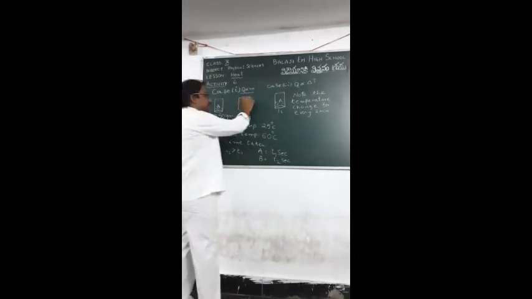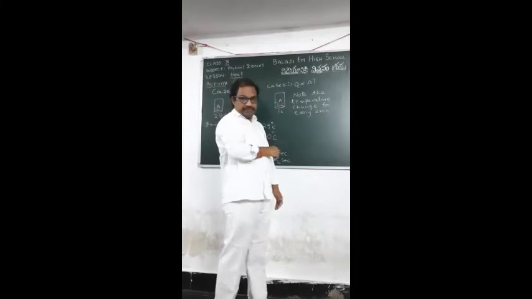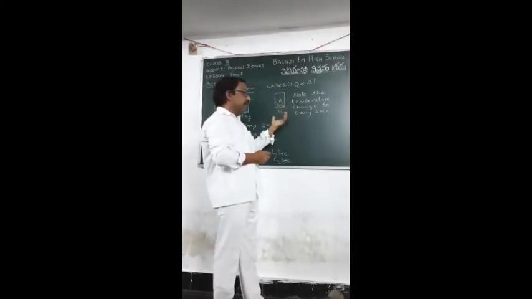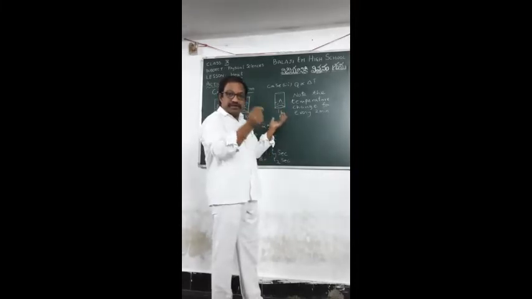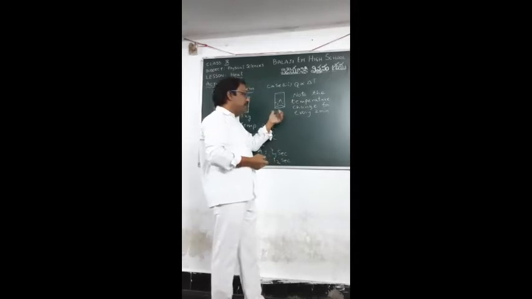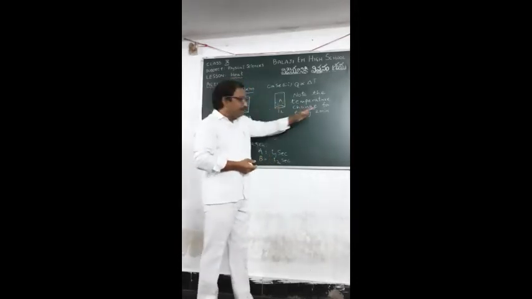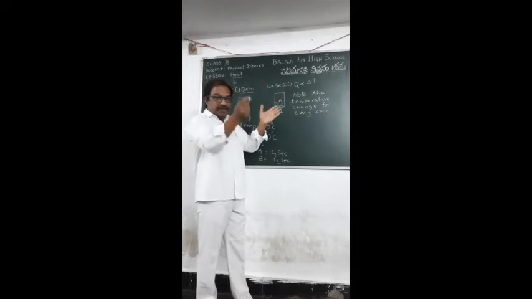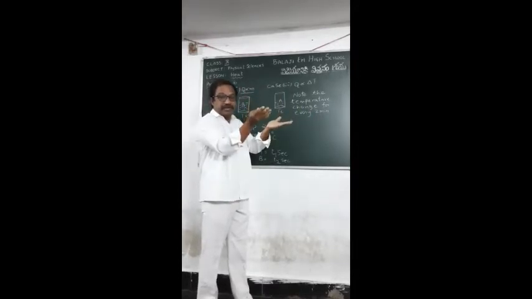Next, case 2. Let us take a beaker of 1 liter and heat it with a constant flame continuously. Note down the temperature for every 2 minutes. So what is constant here? The flame, the supply of heat energy is constant.